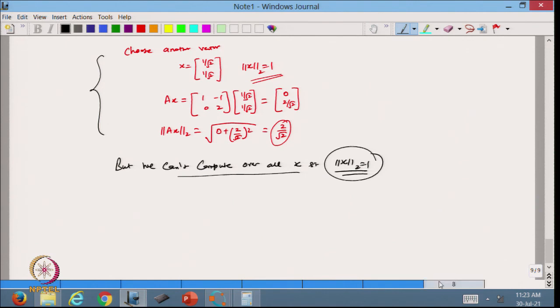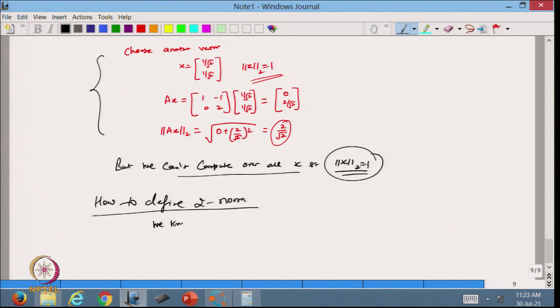Now, the question is how to define the 2 norm. This is what we are going to do. Okay, so let us see.